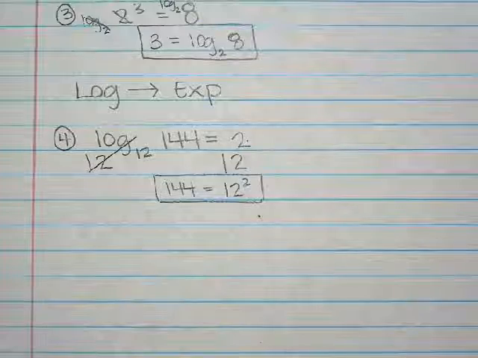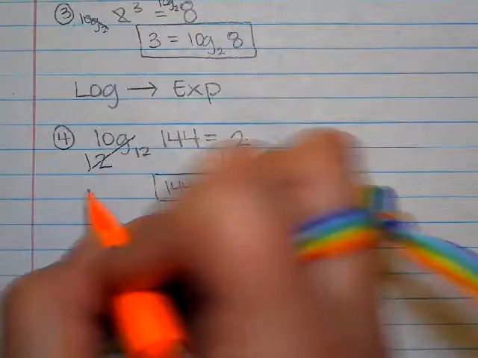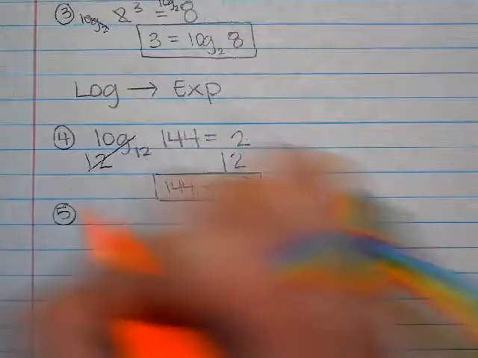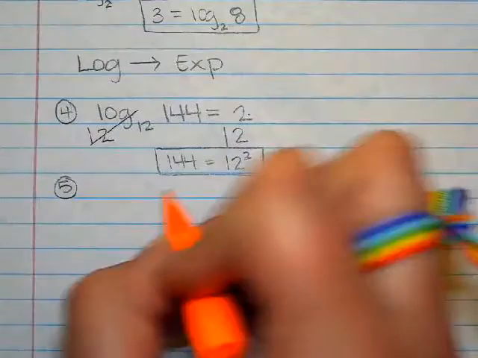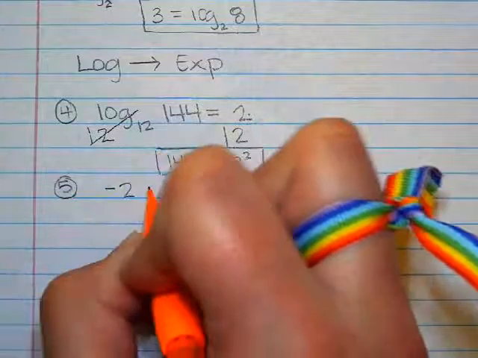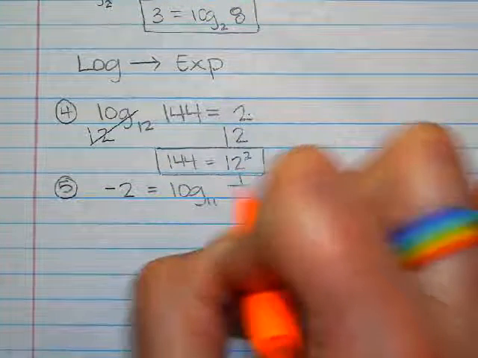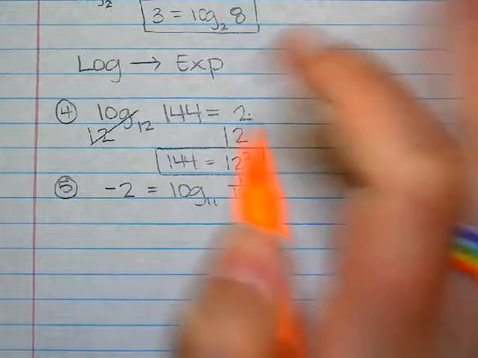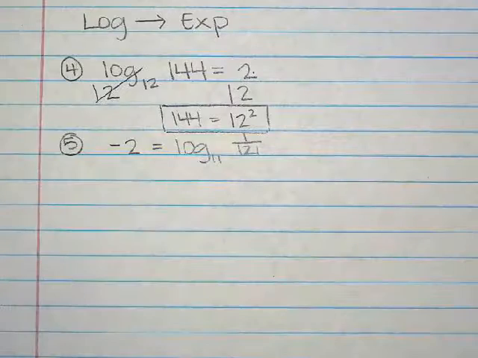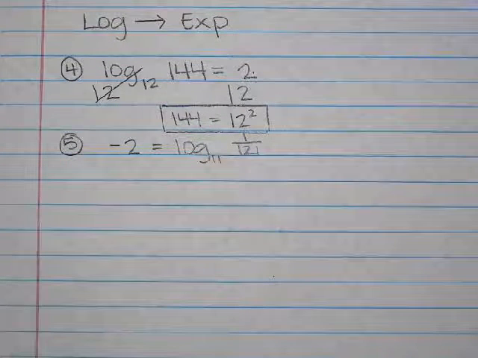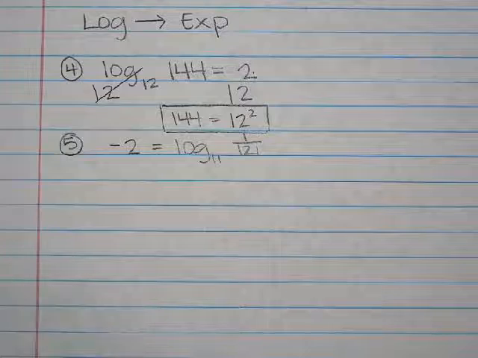We have -2 equals log base 11 of 1 over 121. So what base should we use? 11. So we're going to put a base of 11. And then what happens?